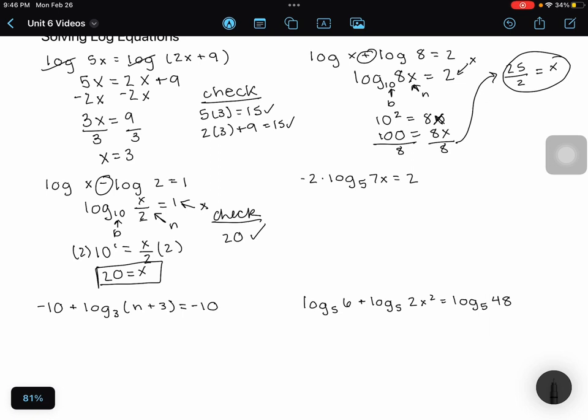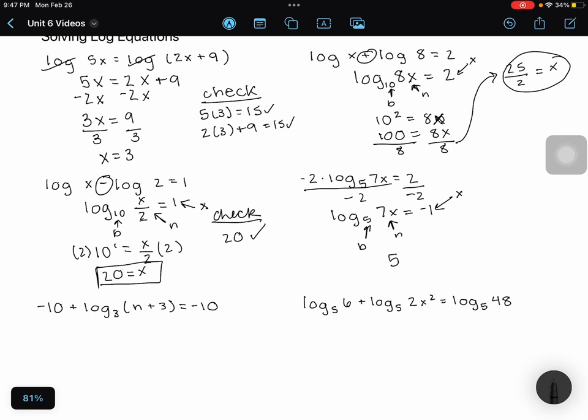Alrighty, so remember this negative 2 is being multiplied by the log, so we can undo multiplication by dividing both sides by negative 2. And then now we have just one log on both sides, and I can label the b, the x, and the n, and I can go ahead and rewrite.